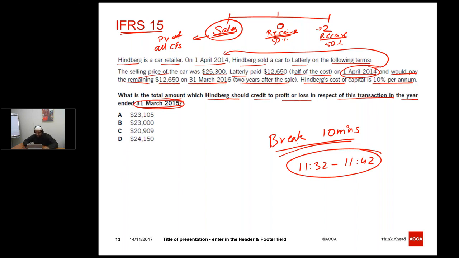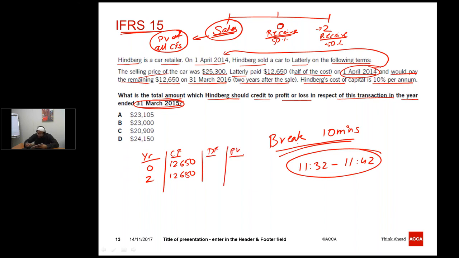So have you calculated it? What amount should be recorded? The first thing is that we are going to calculate the amount of the sales. I'm writing here cash flow. I'm receiving 12,650 today and 12,650 down the line after 2 years. So I'm going to multiply this with the discount factor and then I'm going to get the present value.